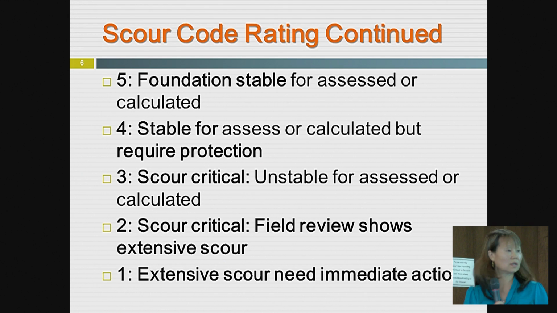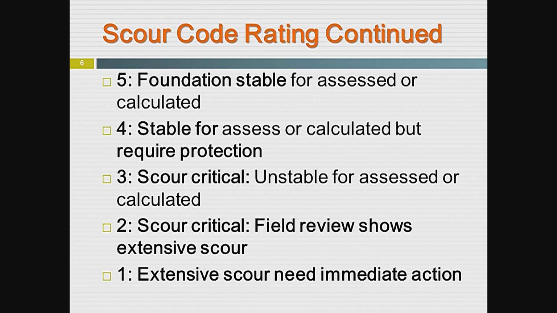With any other rating, if it is a 5 you say fair and you start to worry about it. With scour, 5 is fine. The foundation is stable, and scour could also be scour critical by calculation. So what that means is that everything is fine, and the calculated scour is fine, so 5 is good.